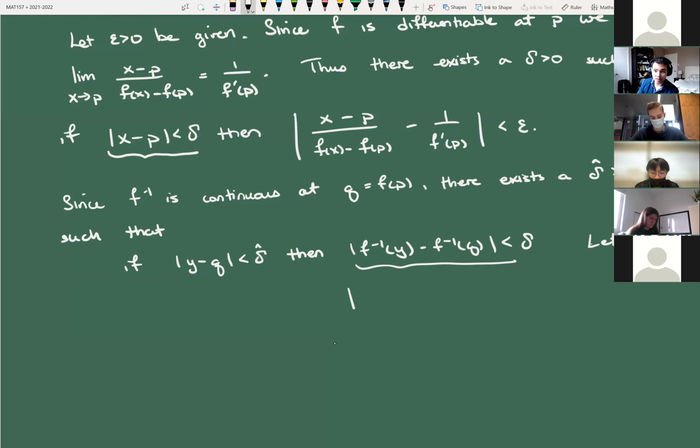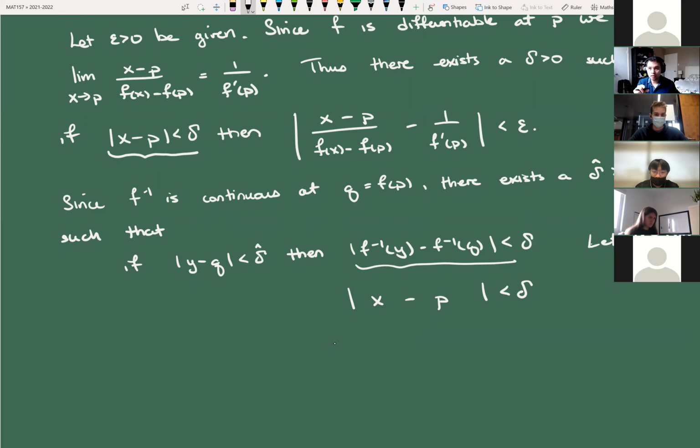My function is bijective here, so I'm allowed to do that. I know that if you give me a y in the codomain, there's an x which corresponds to it. So I'm just going to let x be the name of that variable. This is going to become |x minus p| is less than delta. Yes, f inverse composed with f is the identity, precisely because that is the definition of f inverse.